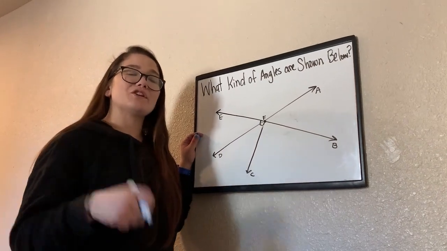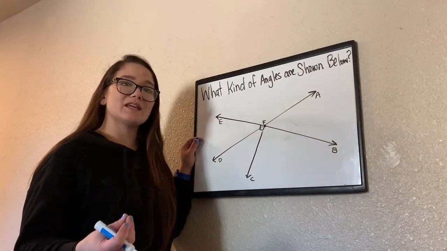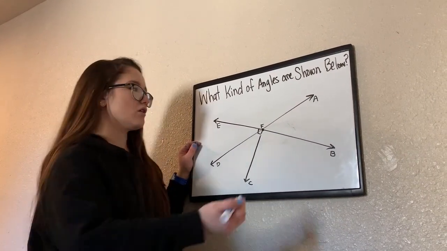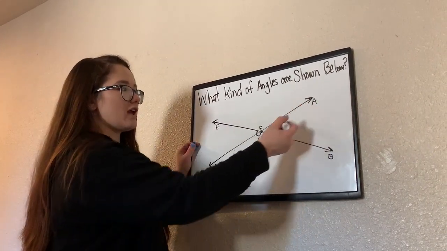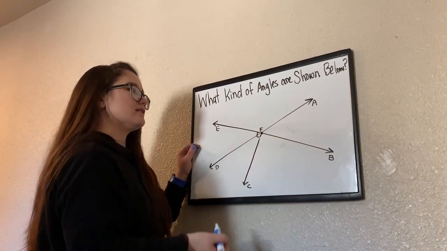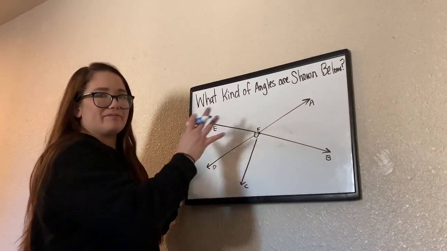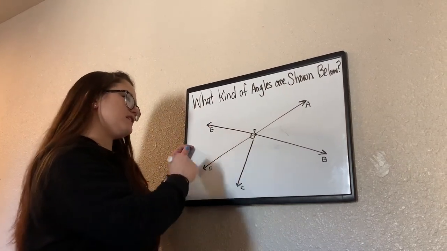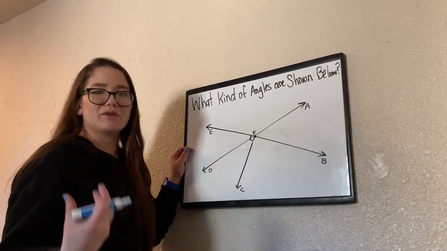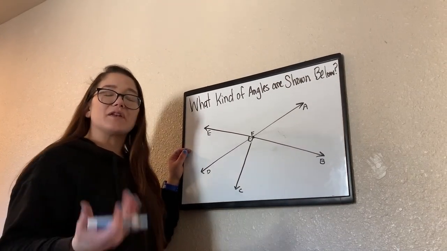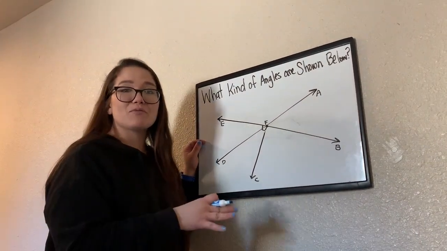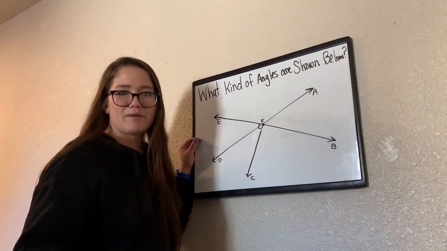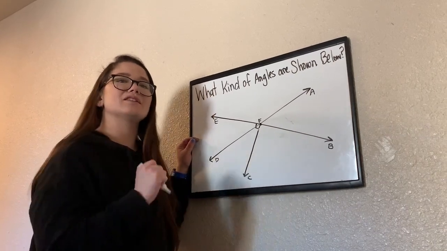Write down in the comments your name, what angles that you see, the name of the angle, and what it is. So it would look like angle AFB is adjacent to blank, or angle EFD is complementary to blank. And then include your name as well. If you recognize more than one that we learned today, you can comment more than one, but to get the credit, you only need to do one.